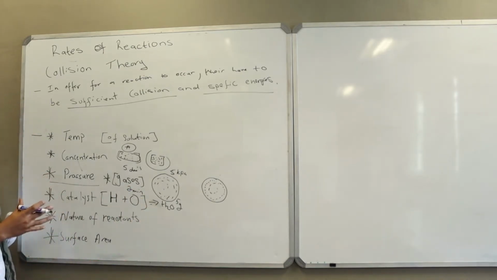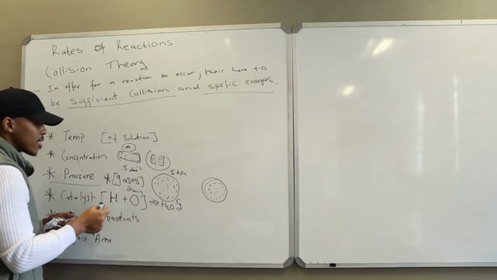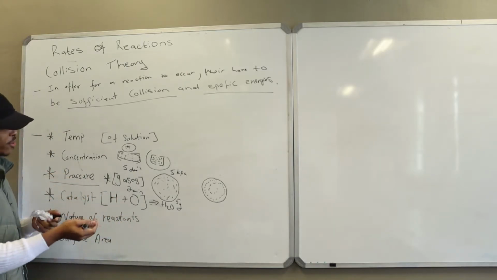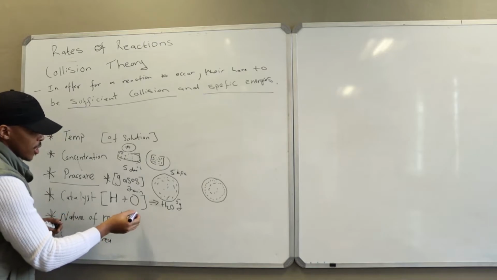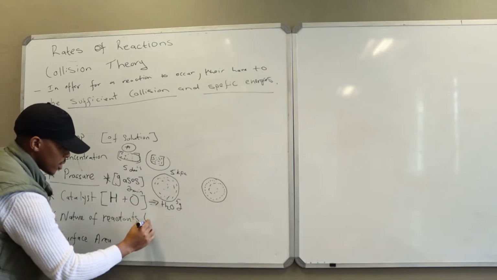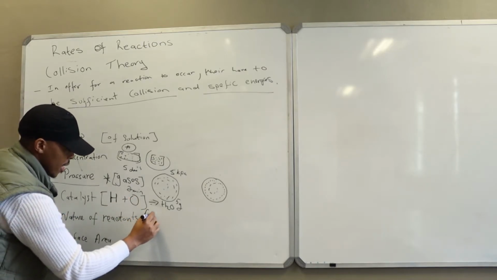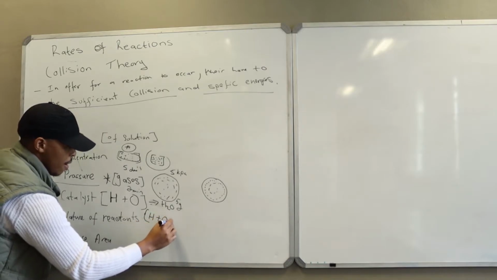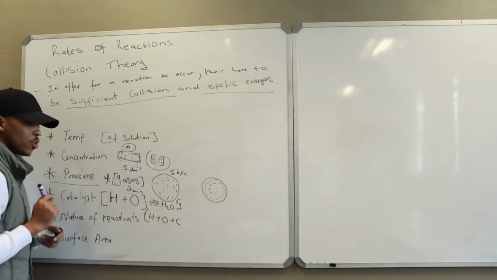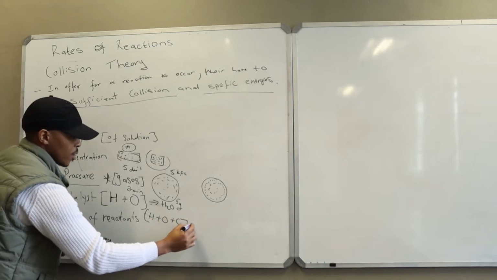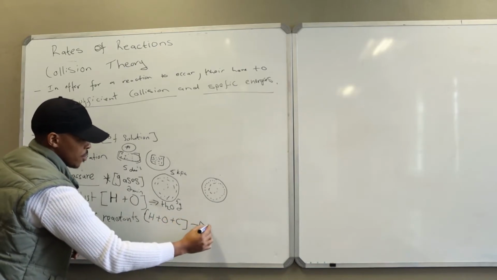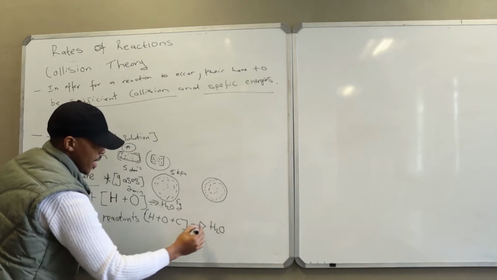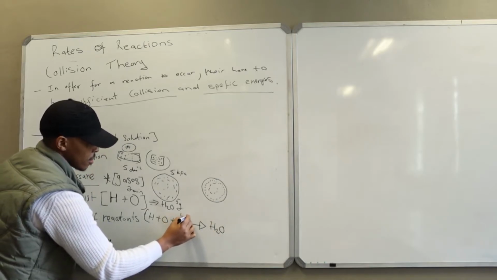Now what a catalyst would do, you'd say, all right, I want this reaction to happen faster for whatever reason. So you would write H plus O plus whatever catalyst you choose, which will still give you H2O. But now let's say it takes 1 minute.